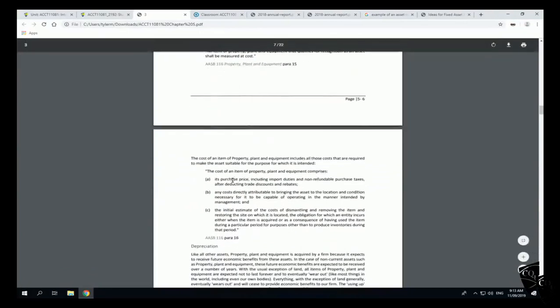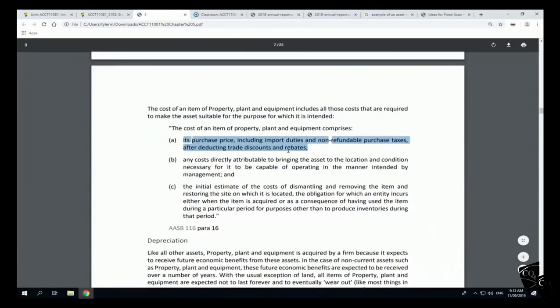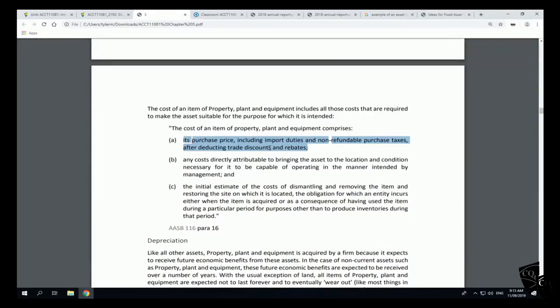So the cost of an item is its purchase price, including import duties, non-refundable purchase taxes, after deducting trade discounts and rebates. So that's the first portion of cost that we include. The next portion is any costs directly attributable to bringing the asset to the location and condition necessary for it to be capable of operating in the manner intended by management.